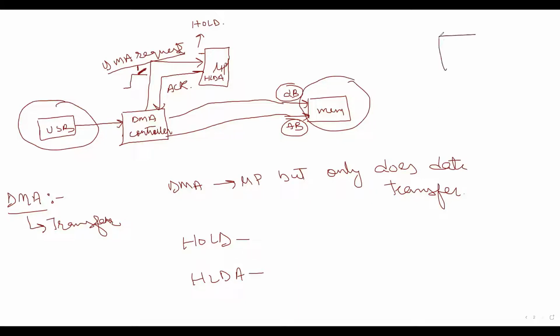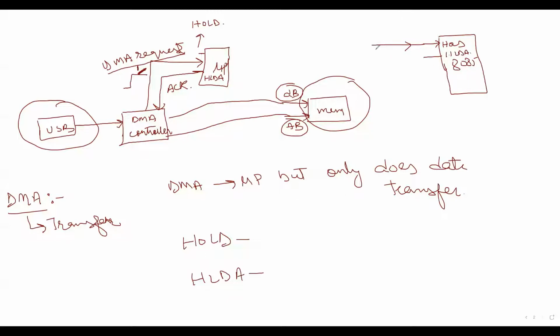If this is my microprocessor 8085, it has the hold pin and another pin, hold acknowledgement. Hold is an input pin, meaning that from this pin it receives a request.